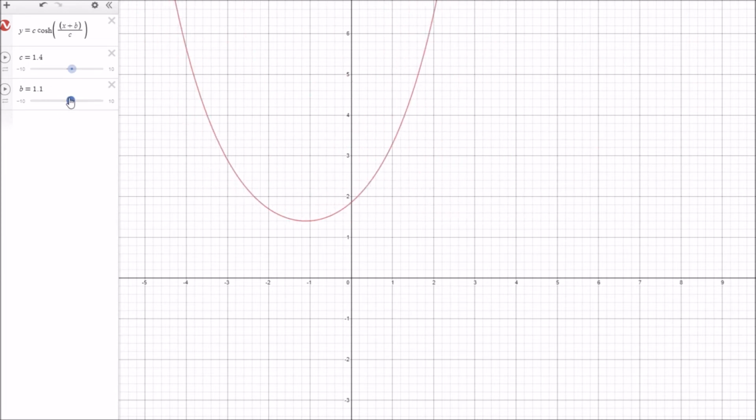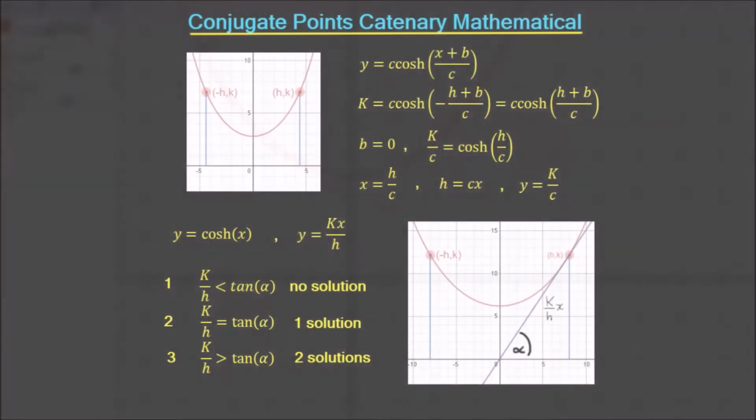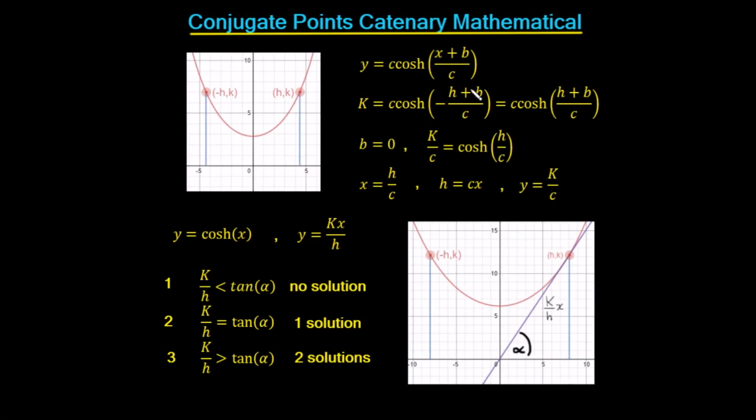So we could position this at b is equal to 0, and we can adjust the value of c, and the c is going to adjust the position where it crosses the y-axis, the height, and also it changes the shape of the function as well. Okay, it makes it narrower or it makes it wider. So we can pick the value of b equaling 0, and it just means it sits at the origin, and it simplifies things out.